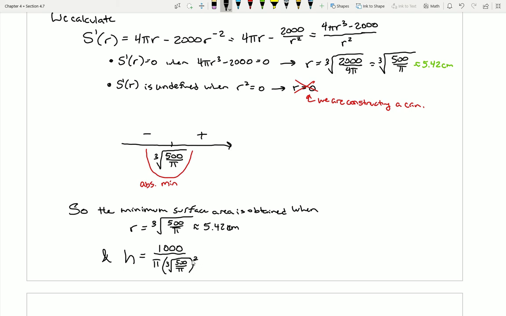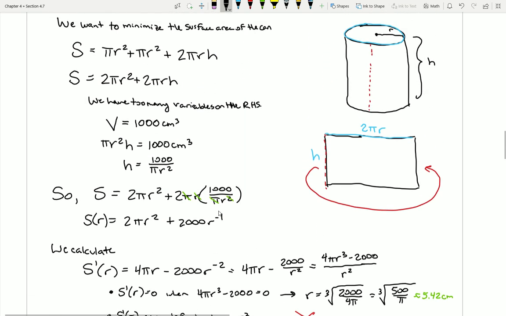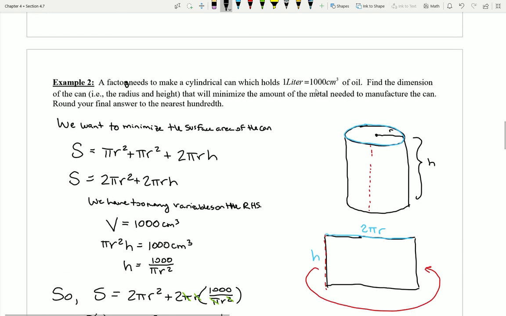So this is actually going to get really, really messy, but if you were to type this into a calculator and actually approximate its value to 2 decimal places, you would see that I get 10.84 centimeters. So I have found the dimensions that are going to minimize the amount of surface area for the can while still allowing it to hold the required amount of liquid, and I have done what the question asked, which is round my answers to the nearest hundredth.